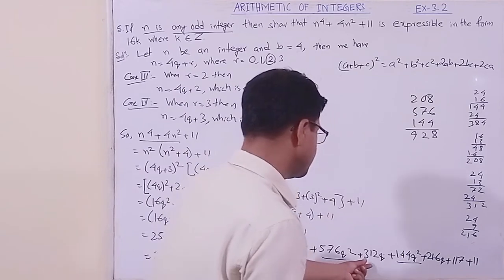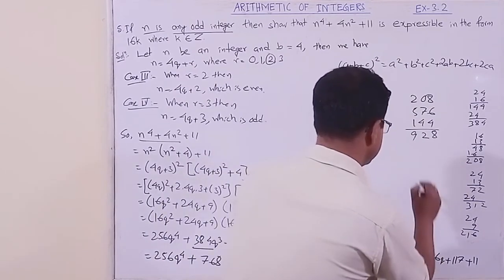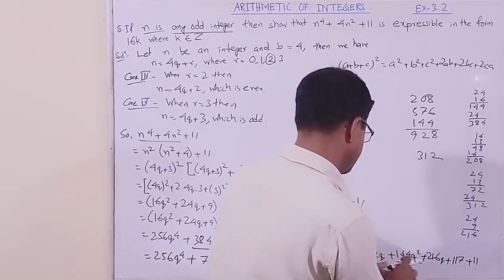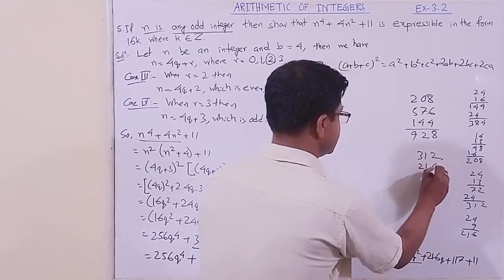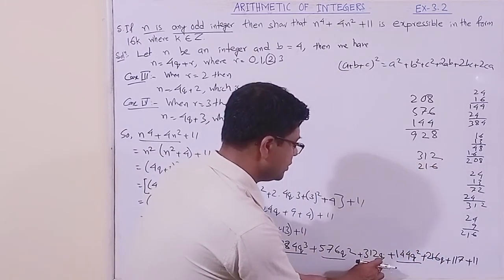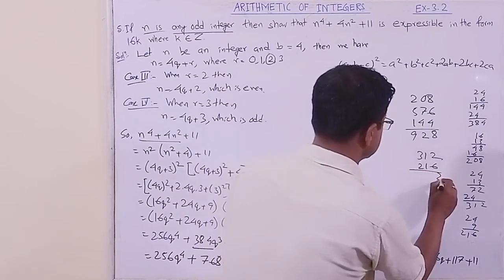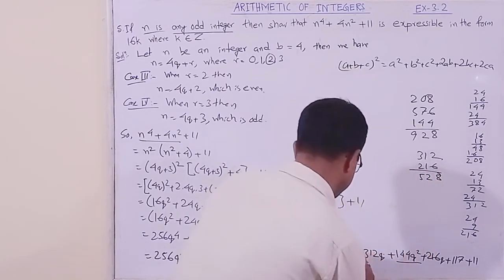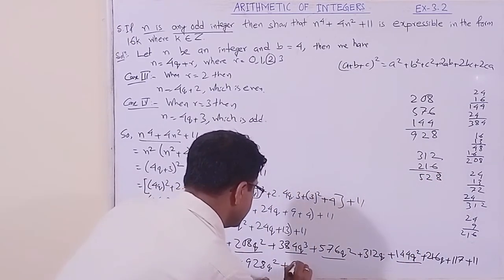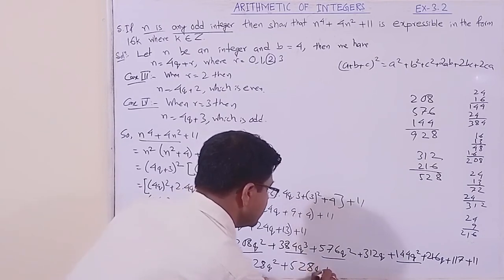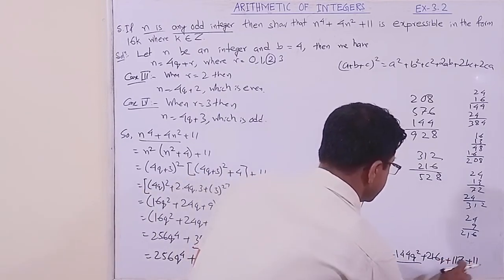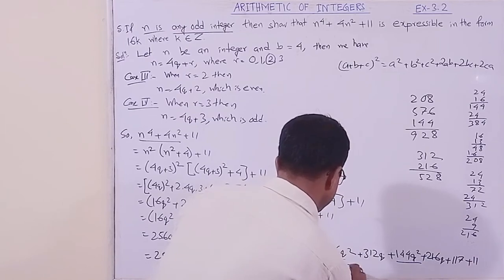Plus the term containing q: 312 and 216, these two terms give 528 q, plus 117 and this 128.